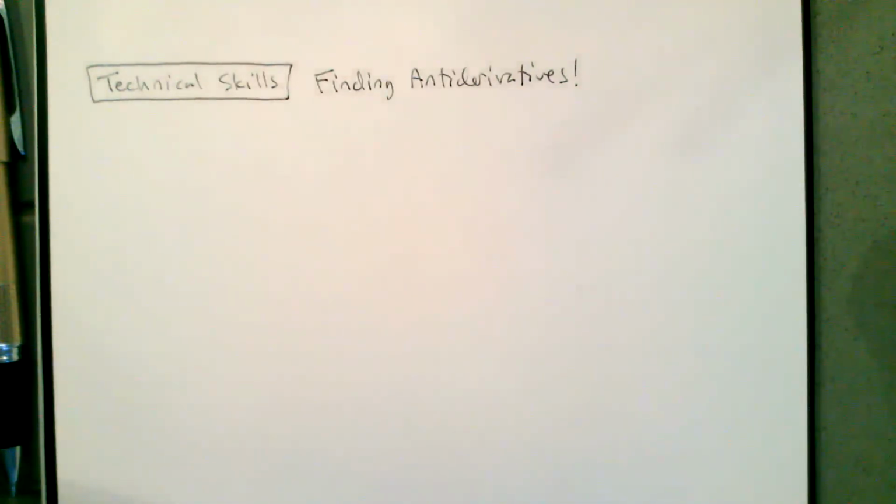We're going to spend a lot of time finding antiderivatives. And then next semester, I'm going to say, hey, let's find some antiderivatives. And y'all are going to be like, oh, didn't we do this last semester? And I'll be like, oh, yeah, but wait, there's more.